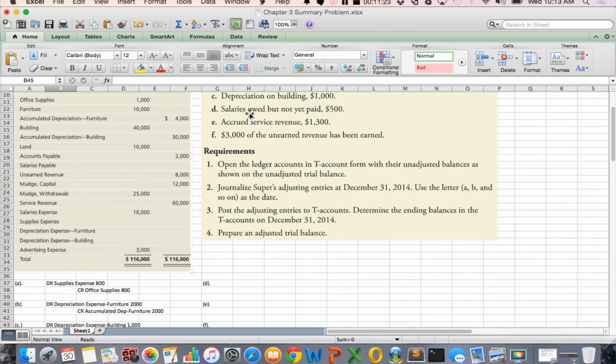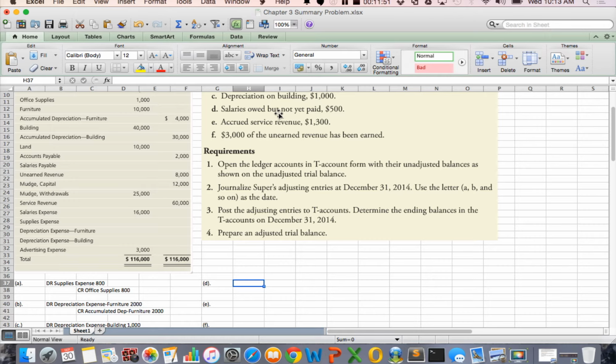So if you have that template down, then you should be able to record that. If I look over here at my payable accounts, I have accounts payable and I have salaries payable. Since this is salaries and I have a specific payables account allocated to salaries, I know that I'm probably going to use that one.